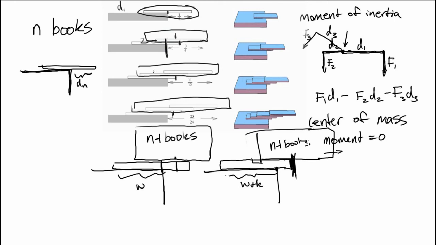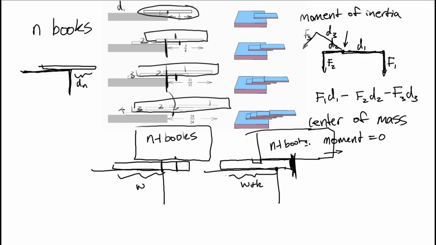And then we can slip another book without moving the configuration of book 1 or 2 so that it's on the center of mass of book 3 and adjust the entire system so that the center of mass is over the edge. And then without moving book 1, 2, or 3, we can slip book 4 into the bottom so that the center of mass of book 1, 2, and 3, what used to be on the edge of the book, just gets shifted over to the edge of book 4.